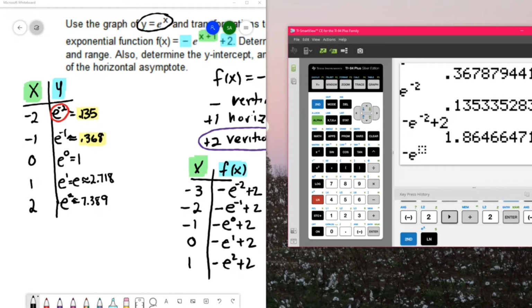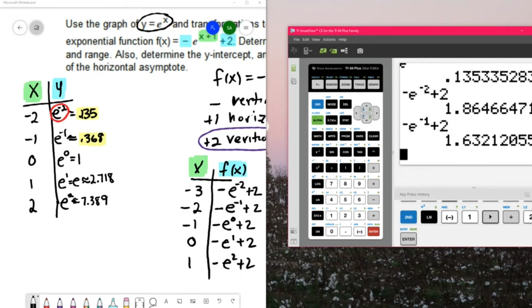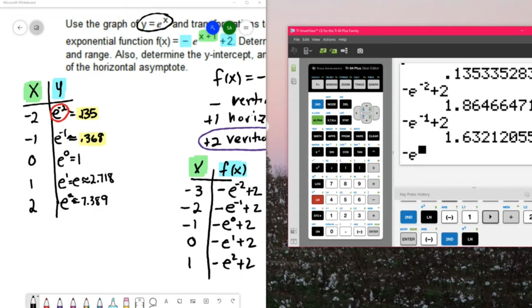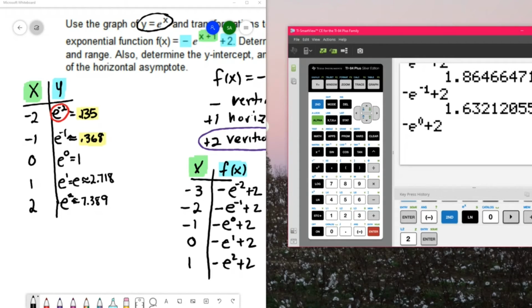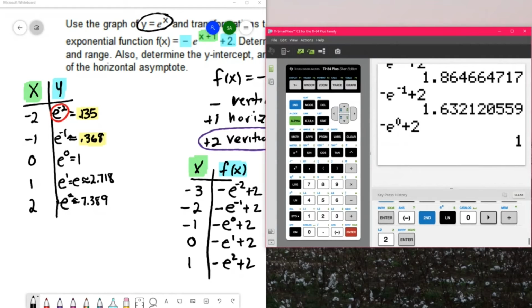Negative e to the negative 1 plus 2 is 1.63. And negative e to the 0 plus 2 is 1.